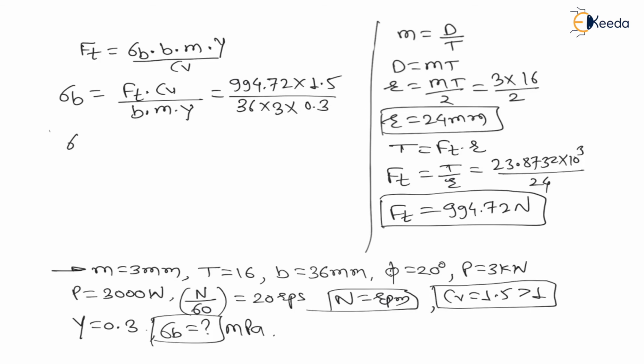Now solve for sigma b. Then you will get sigma b equal to 46.05 MPa, that is Newton per mm square. It is nothing but 46 Newton per mm square.